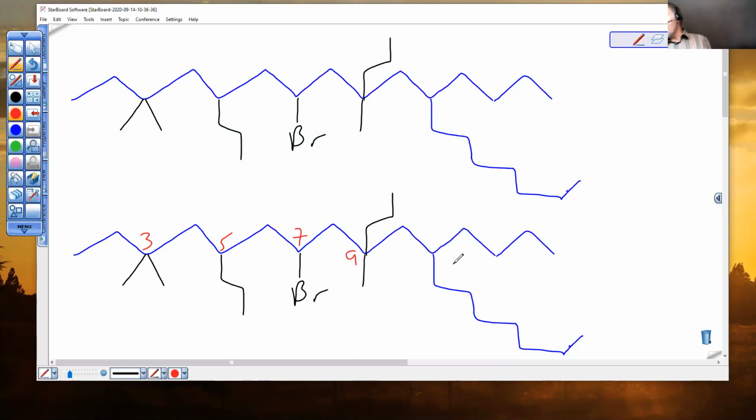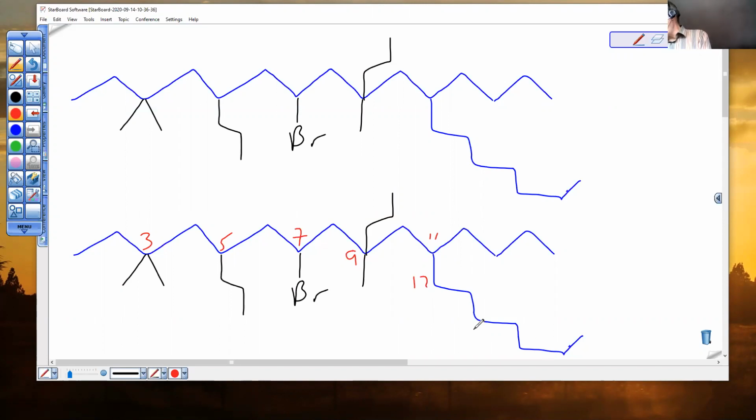And clearly, this has to be 10 and 11. The question is, where is 12? Two choices: 12 up here to get a shorter chain, or 12 down here to get a longer chain, and I answered my own question. Nomenclature always must find the longest possible chain. That's a rule. So that makes this 12 going down.